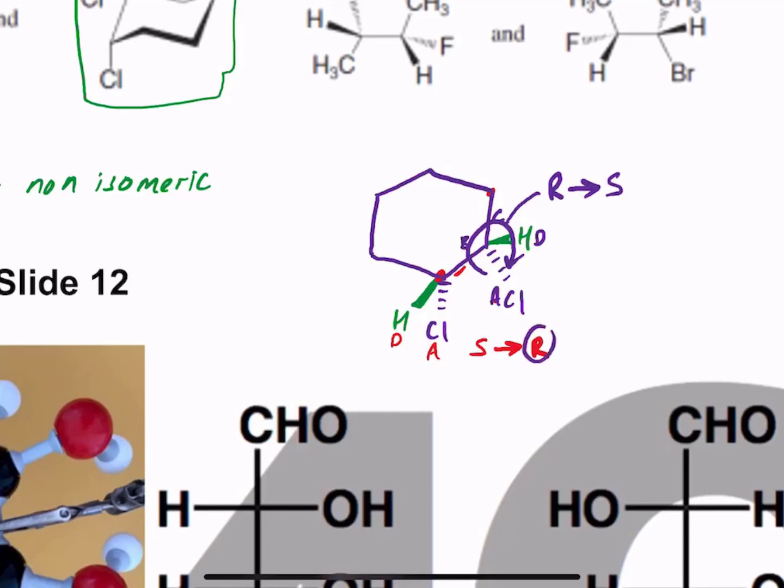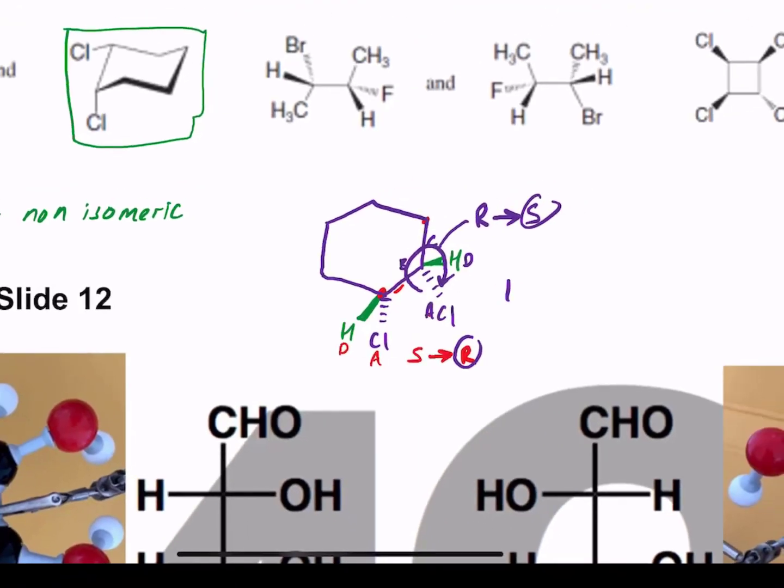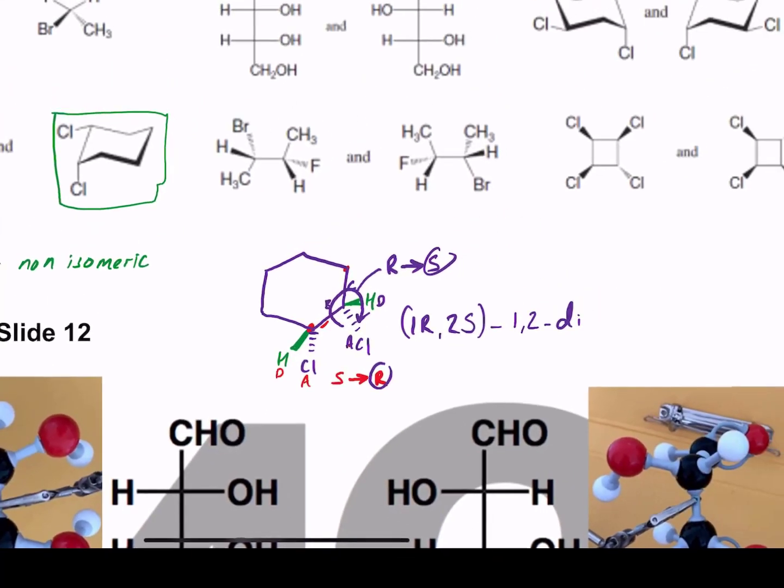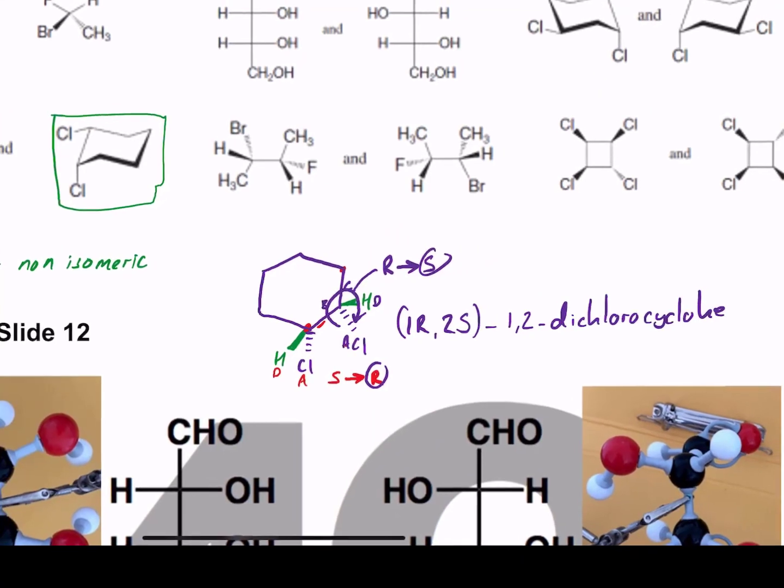So therefore the name of this would be (1R,2S), which goes in brackets, and this is 1,2 again, because we still need to say that these are the locants. 1,2-dichlorocyclohexane.